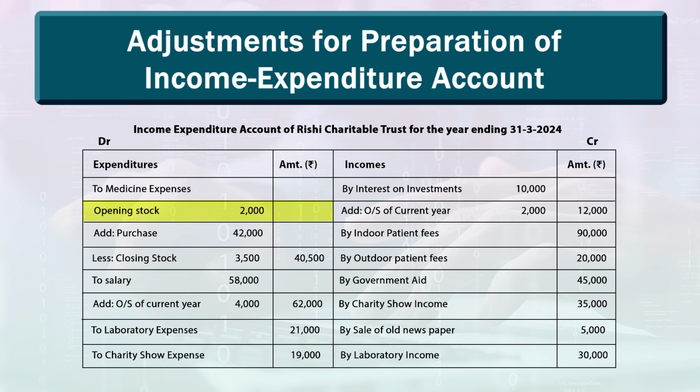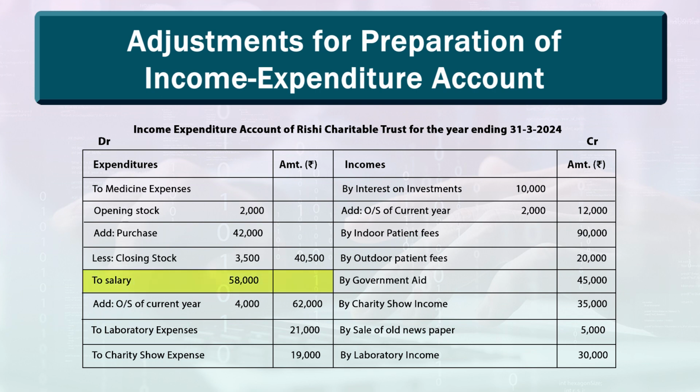The opening stock is rupees 2,000. We will add purchase of rupees 42,000 and deduct closing stock of rupees 3,500. The amount recorded is rupees 40,500.